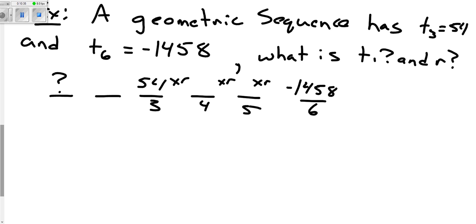So what I actually did is take 54 and multiply it by R 3 times. And that just gave me negative 1,458. Cool your jets.